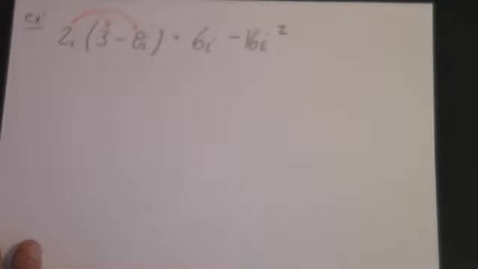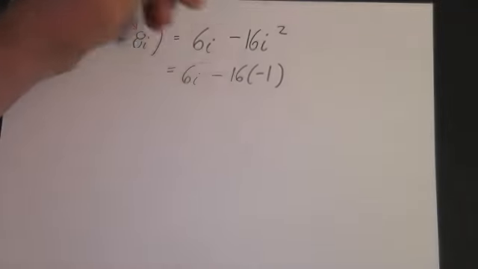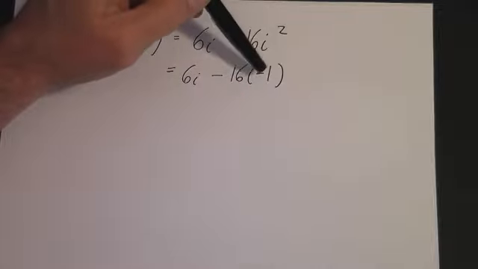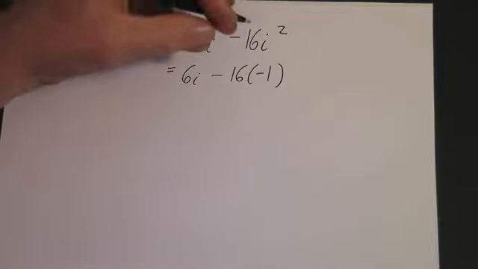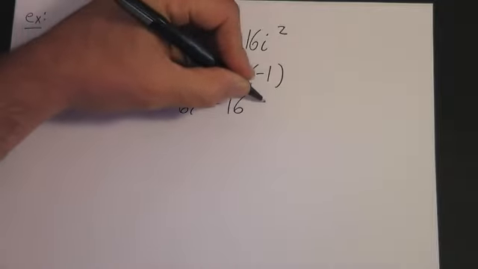So the first step is treat the i as if it's a variable. And then the second step is whenever you see i to a power other than 1, always simplify it. That's 6i minus 16 times minus 1. You have a multiplication, and minus 16 times a minus 1 is going to be a positive 16. So you have 6i plus 16.